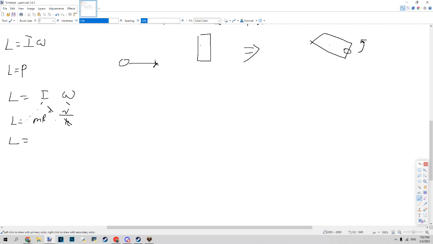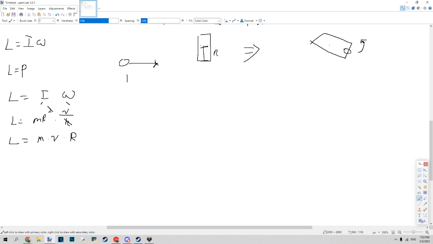If you want to go between translational and rotational momentum, you have L equals the mass times the velocity times the radius. This radius is kind of like the torque radius. It's the radius of where this force is acting, or momentum is going to act. So this radius, not the radius of the ball.